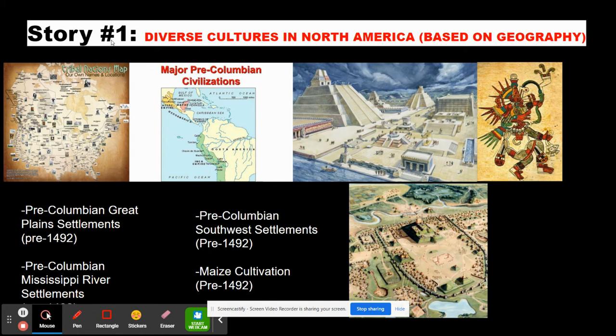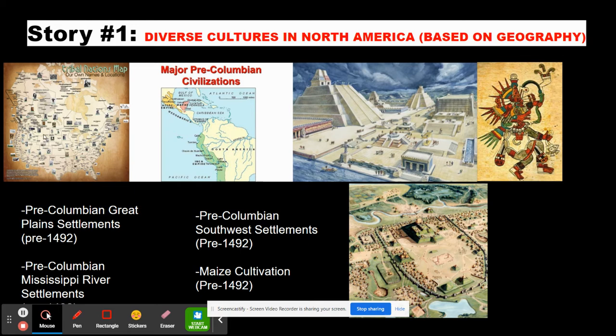To show you just how diverse some of these settlements were, a couple of examples are the Great Plains natives, which are in the modern day Midwest, the Mississippi River Valley, which of course are located along the Mississippi River, and then of course the Southwest.